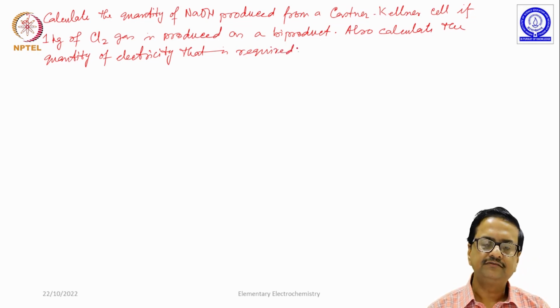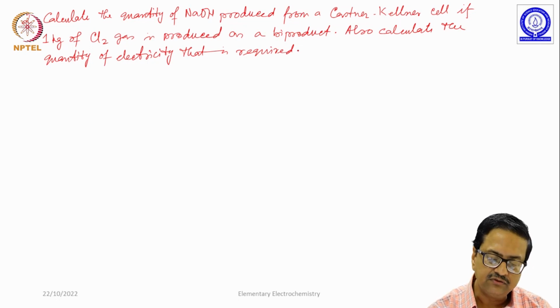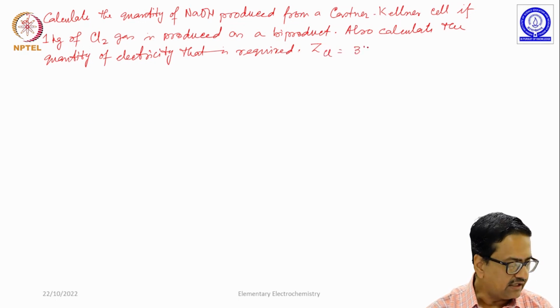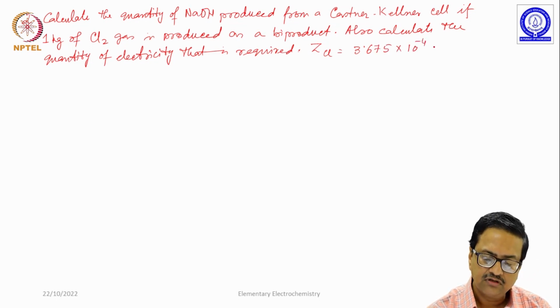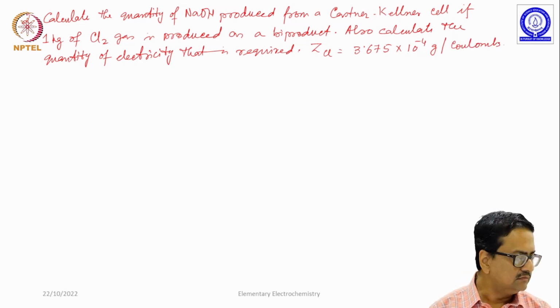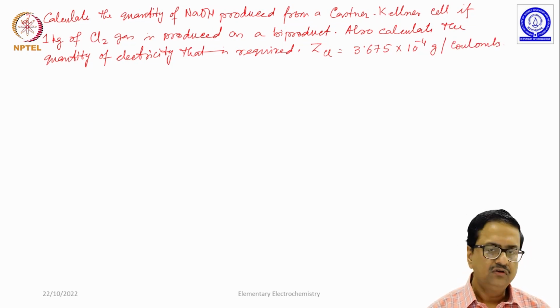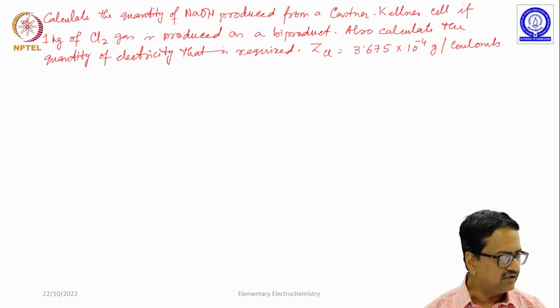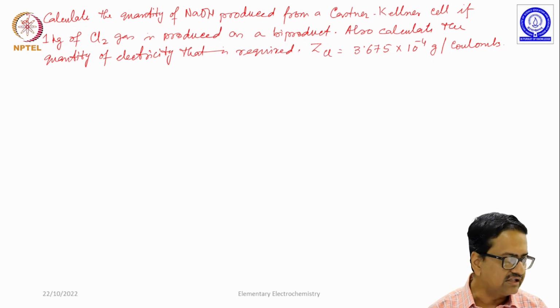For this we have a value given, that is Z for chlorine, which is 3.675 into 10 to the power minus 4 gram per coulomb. From that one has to find the amount of electricity, and then from that find the amount of sodium that is produced.